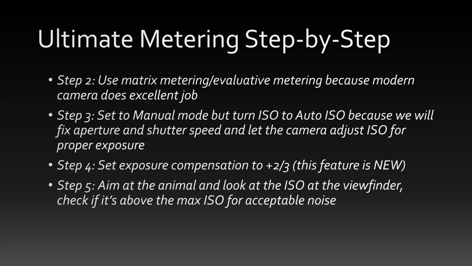And this feature is actually new. What I mean by that is, just 2 or 3 years ago, this option was not even possible. When you use manual mode and use auto ISO, you are stuck at 0 exposure compensation unless you go into the touch screen menu and click on the ISO and the compensation and manually set it to +2/3, and then you can change it easily.